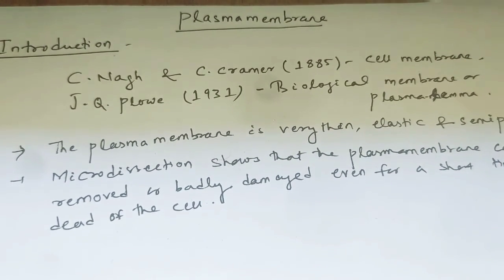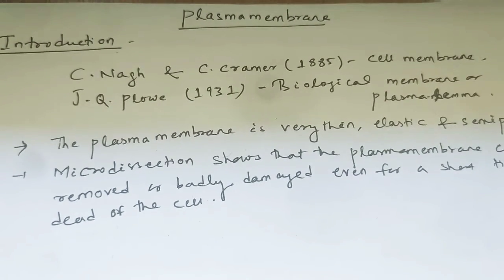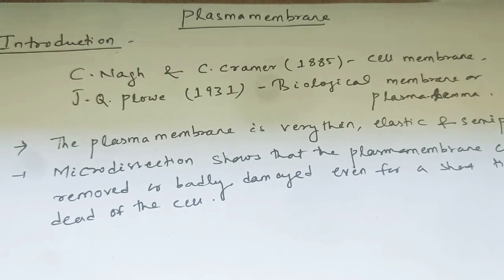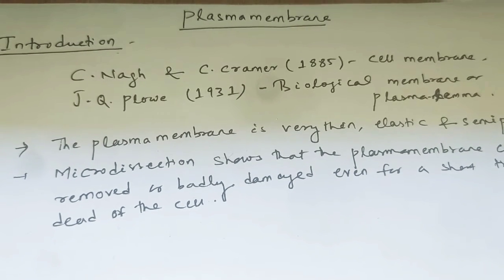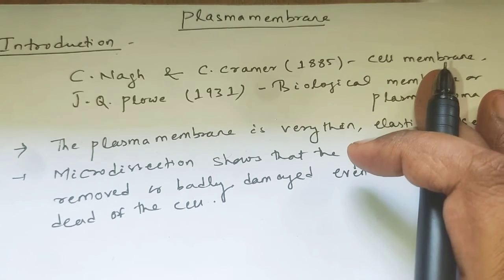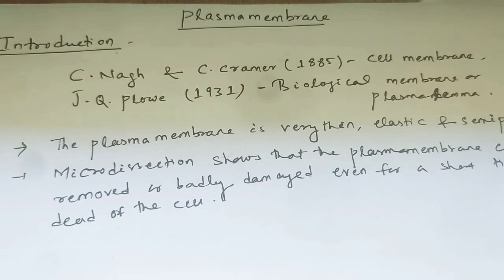Now come to our third point. Generally, the plasma membrane is the second layer, or you can say the living first layer, because the non-living first layer is the cell wall. Here we study the plant cell, which contains a cell wall and a plasma membrane.